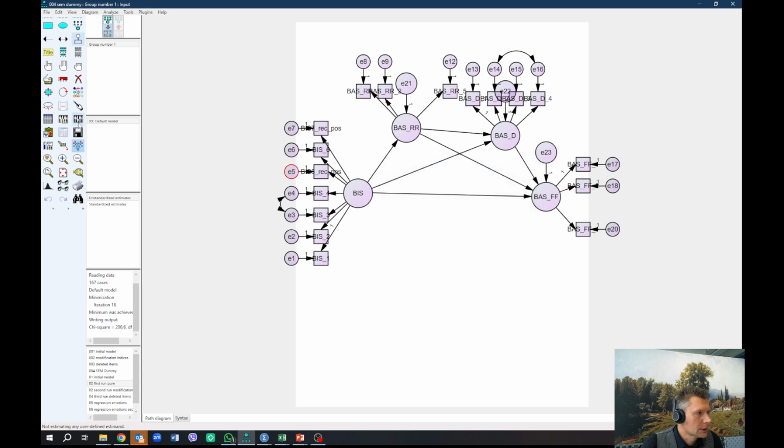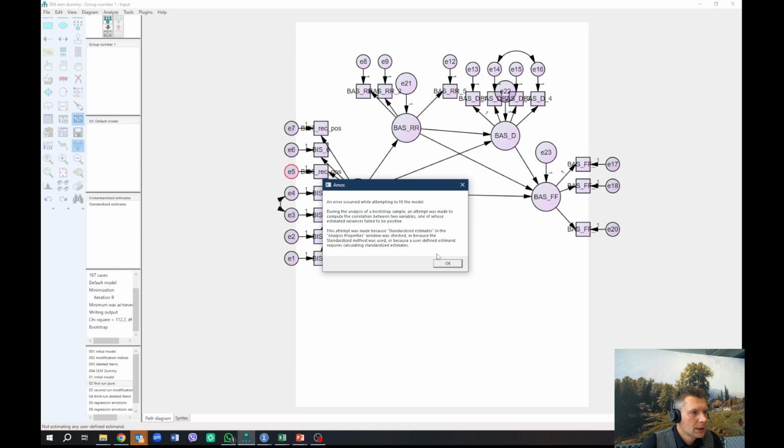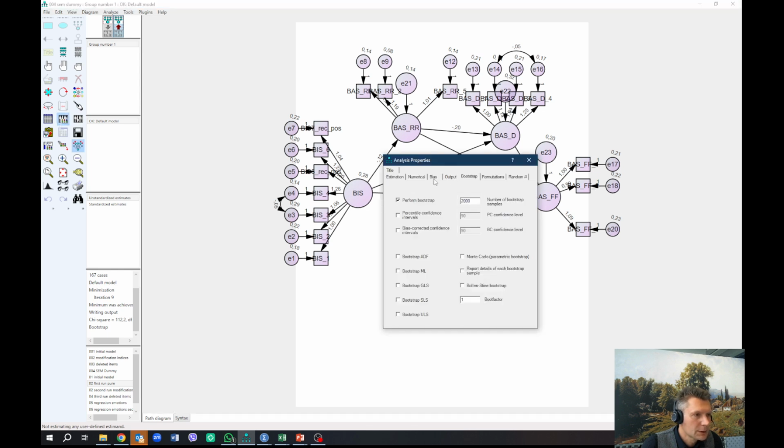And let's run this model. An error occurred. Bootstrap sample attempt was made to compute correlation between two variables. One of those estimate variances failed to be positive. Okay, so a mistake. Let's check standardized estimates. Maybe I have checked something that I shouldn't have.